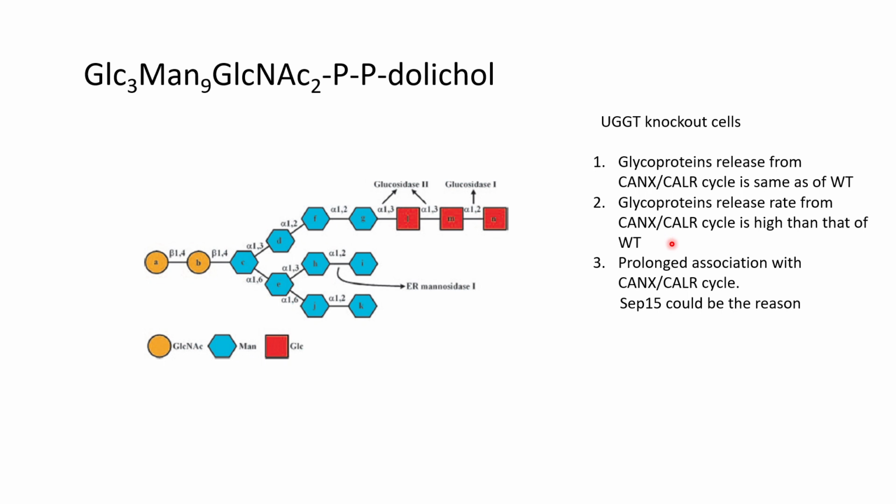And there are some glycoproteins whose release rate is high compared to wild type. This can happen because in healthy condition, that is in wild type, this type of glycoprotein requires multiple cycles to acquire their native structure.